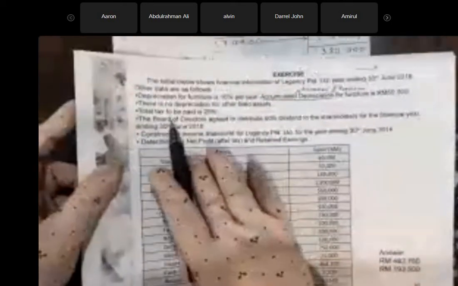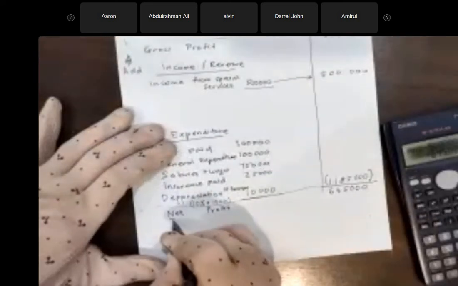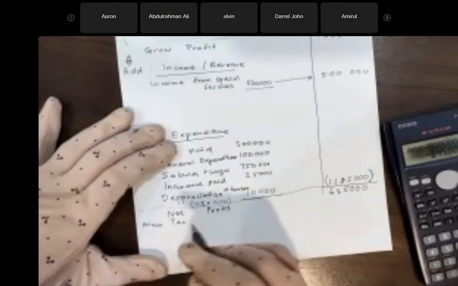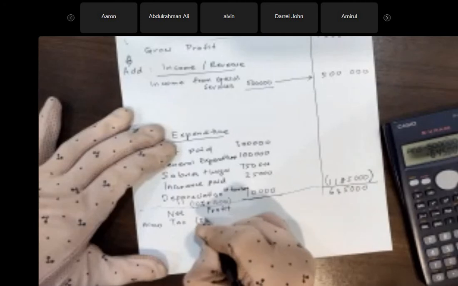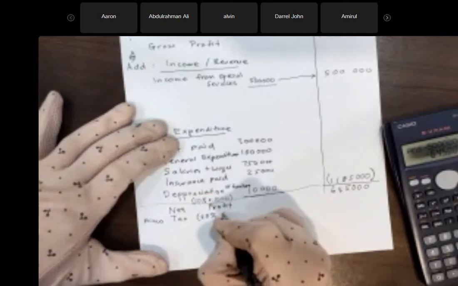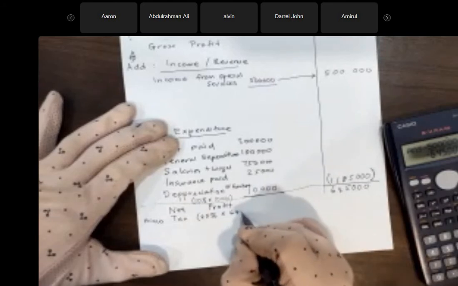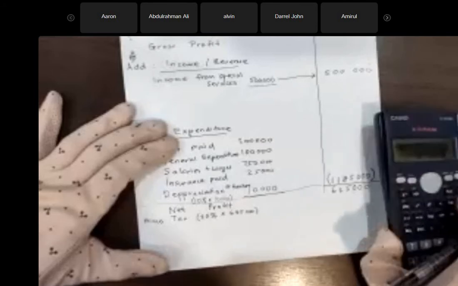Okay, tax is 25%. Okay, after net profit, you have to consider the tax and minus tax. So tax is 25% from 645,000 yang ni lah. Okay, you will get the answer.